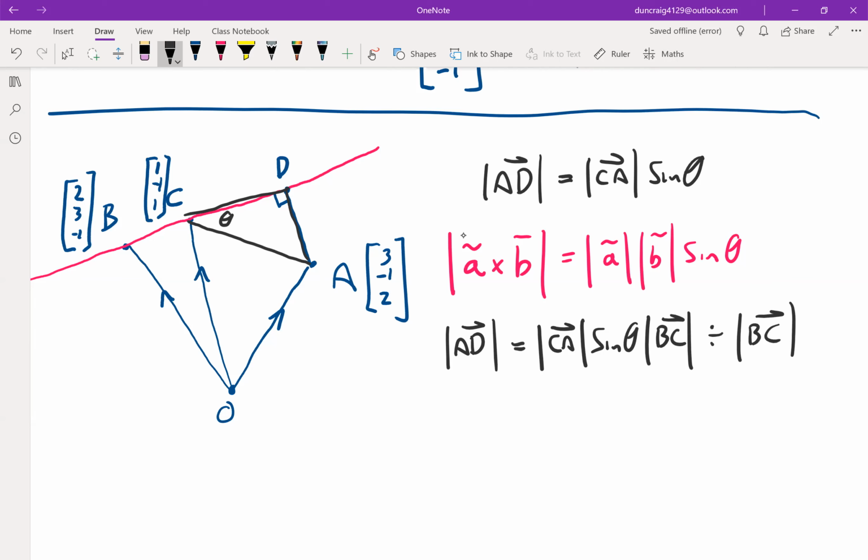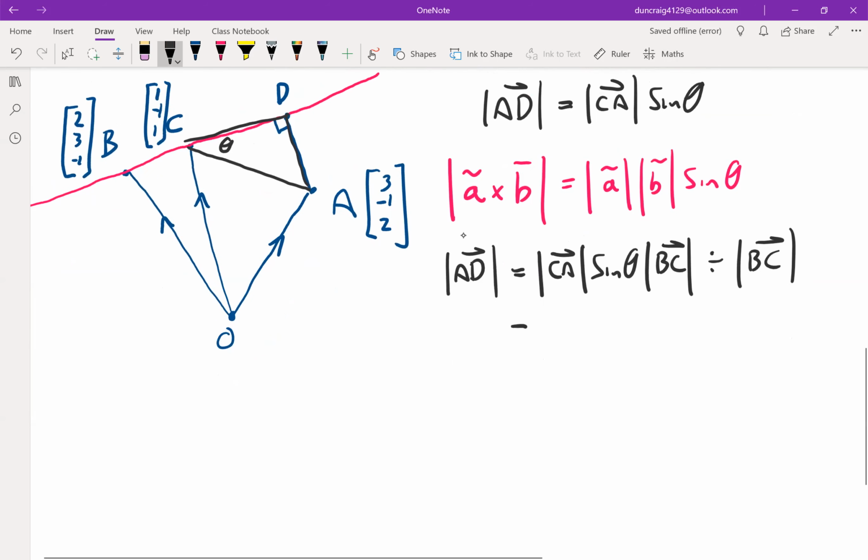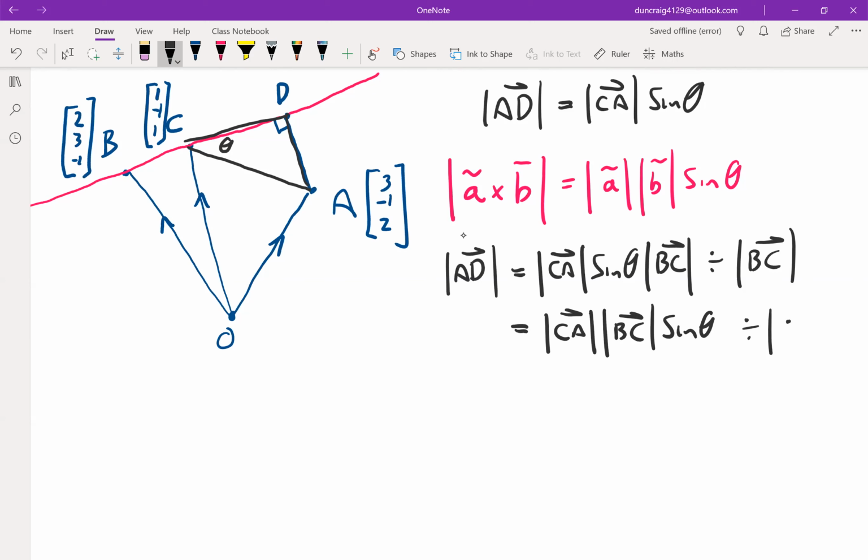So I'm essentially multiplying by BC and dividing by BC, so it's an equivalent equation. So if I do CA multiplied by BC sine theta divided by BC here, I've just rearranged it.